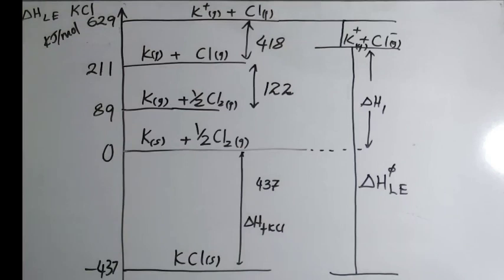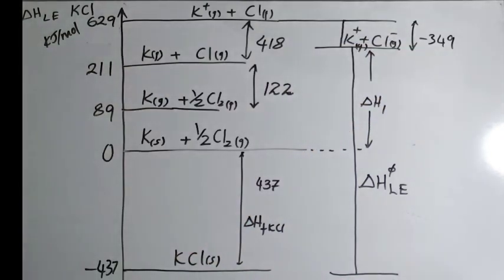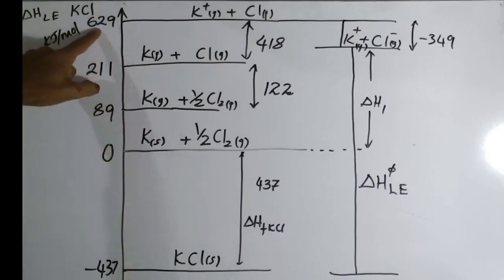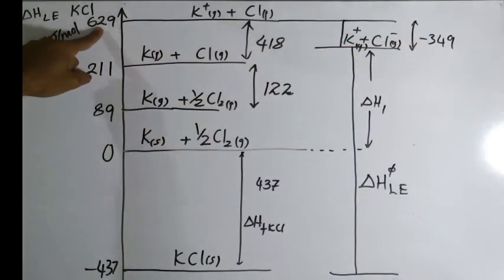That small gap will be equal to the electron affinity value of chlorine, which is 349. You can see the total gap is equal to 629, and I can subtract this value from this.